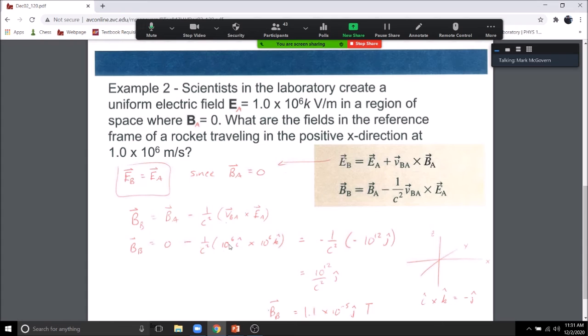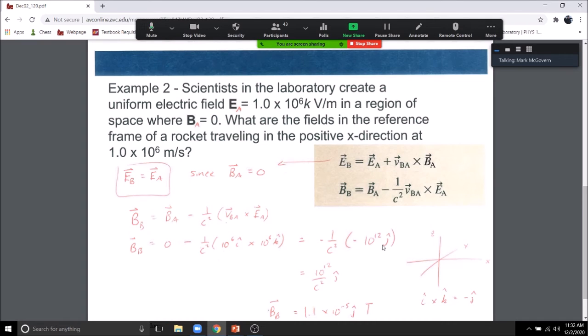The velocity is 10 to the 6. The electric field is 10 to the 6. I cross k is minus j. So that would be x-axis, open your palm upward to the z-axis, and your thumb points in negative y. So negative j here. But again, I like my little trick, it's easier to do.